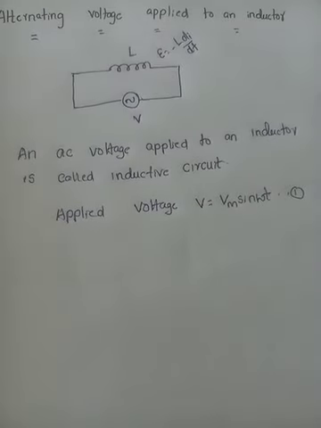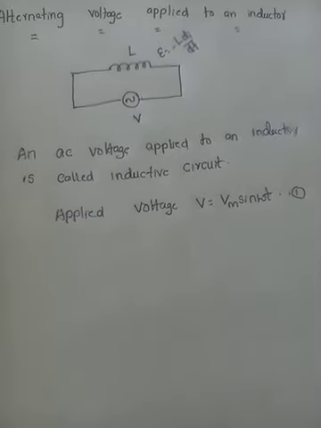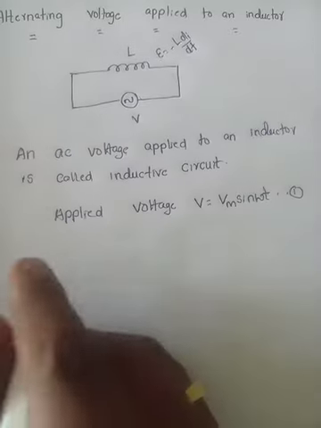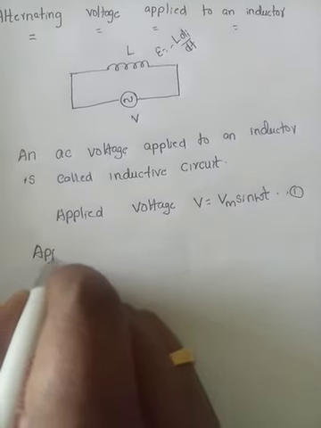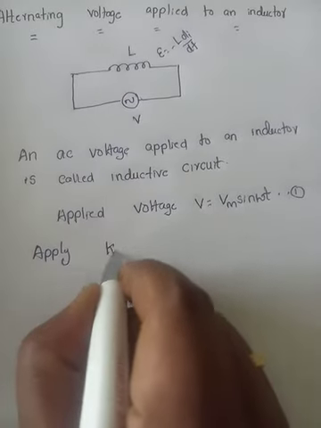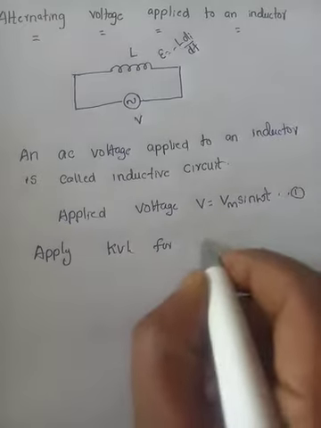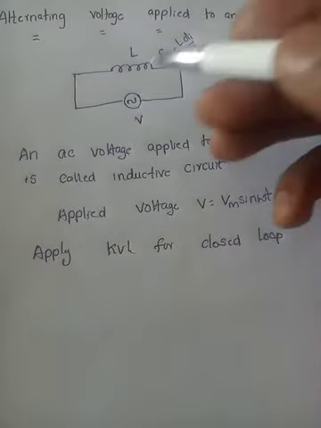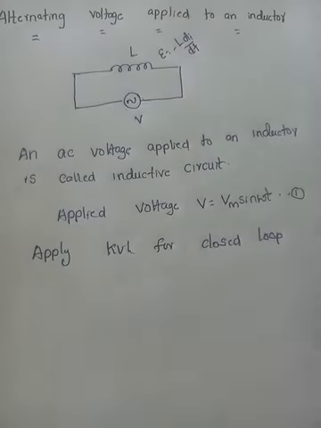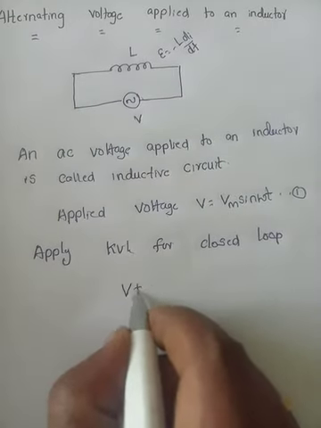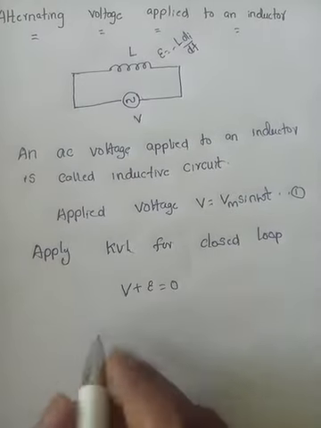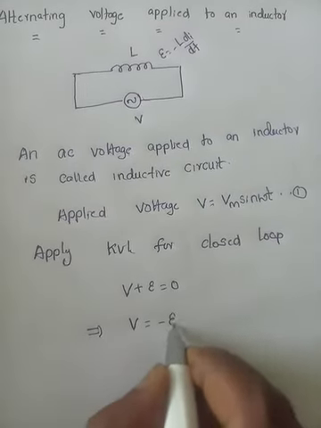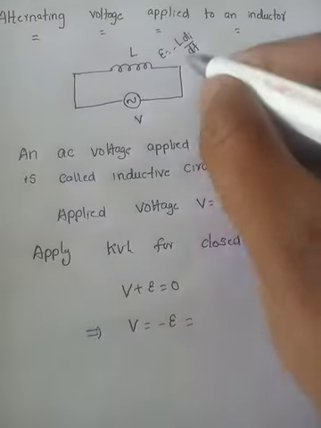Now I want to calculate the current. Because this is a changing current, we can't consider I equals E by R. Now apply Kirchhoff's voltage law for this closed loop. What is Kirchhoff's voltage law? The total potential difference in a closed loop is 0. That is V plus E equals 0, which implies V equals minus E. What is E?